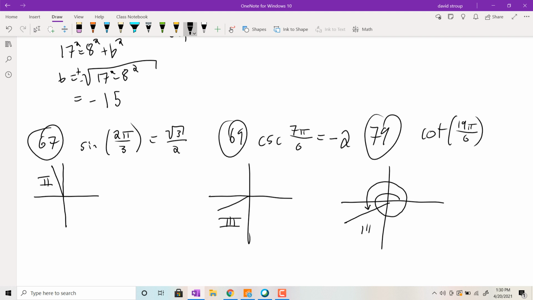So I'll be in the 3rd quadrant. The reference angle is pi over 6. So in that case, it would usually be 1 over root 3. But because it's cotan, it will be root 3 over 1. And then cotan is positive in that quadrant. So it would just be root 3.